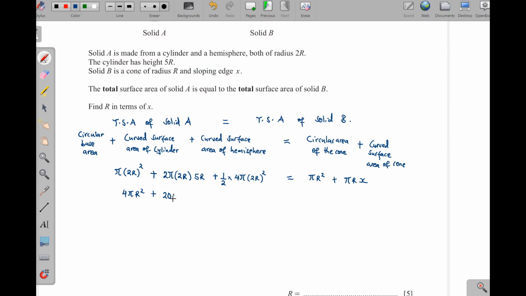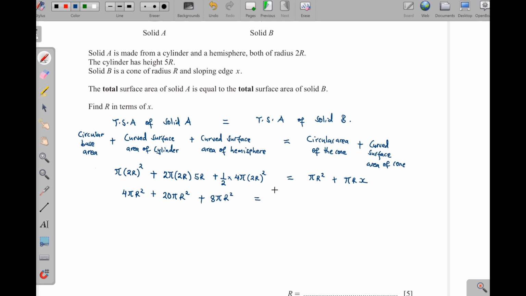So 20 pi, then r squared. And then here, when I square that, it will go to r squared. Then this 2 goes into the 4 2 times. So 2 then times the 4 that comes from here, that will be 8 also. So we shall have 8 pi then r squared.